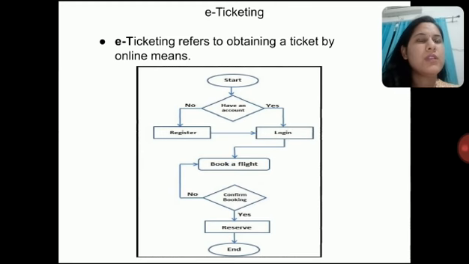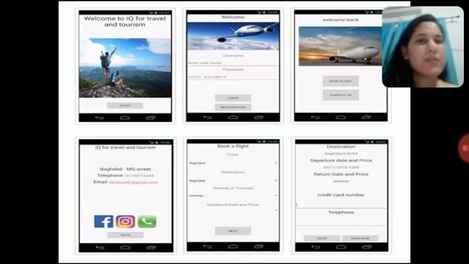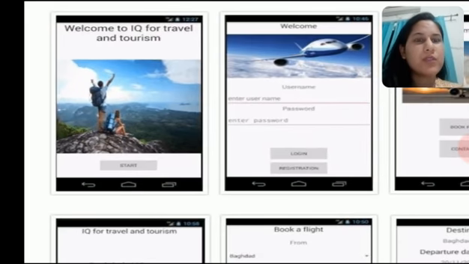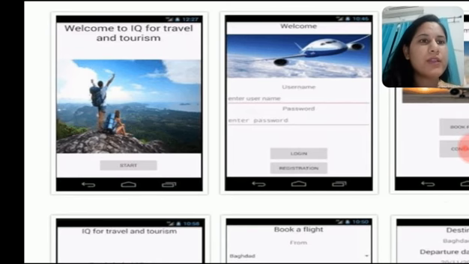So this is a flow diagram. I just wanted to tell you the procedure, right? Here also some example is given. This is for tourism. You enter through their site, the first page, then you'll have to enter the username and the password, login and registration.